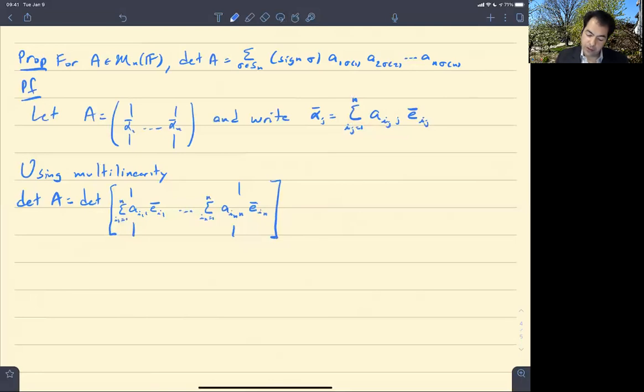Okay, so it's the determinant of this. Using multilinearity, we can write this as the sum, with i_1 going from 1 to n, and so on, so you'd have n of these capital sigmas. Then you'd have A_{i_1 1} through A_{i_n n}, all multiplying the determinant where now I have as columns E_{i_1} up through E_{i_n}.